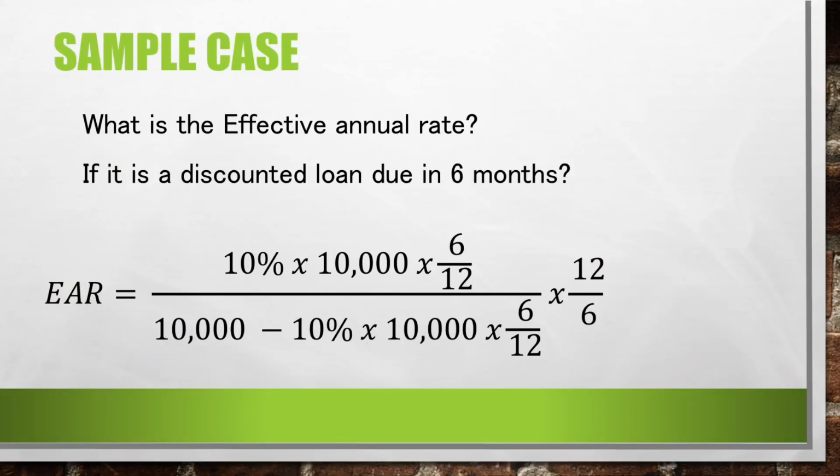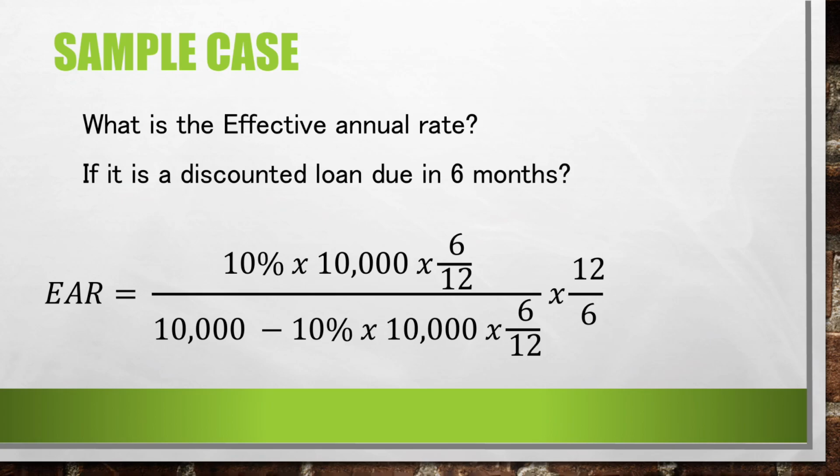So we would have an effective annual rate of numerator, this is the interest, 10% times 10,000, but this time it is only good for 6 months. So times 6/12. We are going to divide this by the principal, 10,000, less the interest, 10% times 10,000 times 6/12.